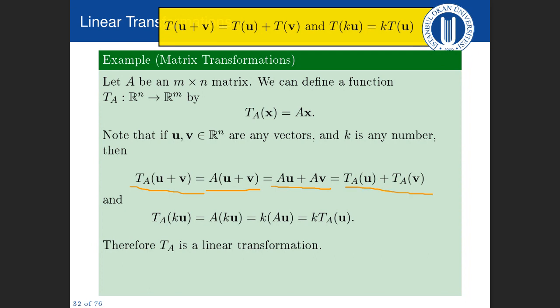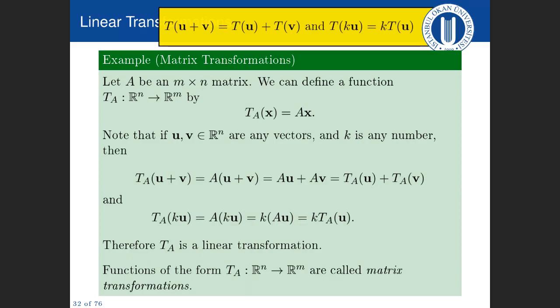So we get TA of U plus TA of V. And for the same reason, TA of KU, which is A multiplied by KU, we know if we have a number here, that's the same as K multiplied by AU, or just K multiplied by TA of U. So that's the two conditions in the yellow box satisfied. This function is linear. TA is a linear function or a linear transformation. Functions like this are called matrix transformations.